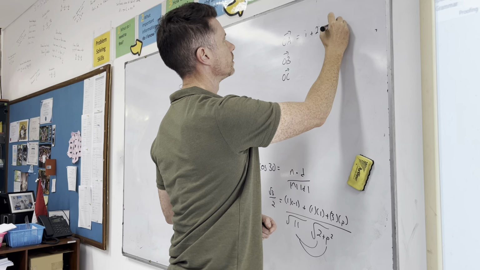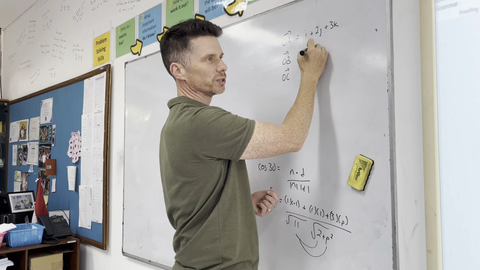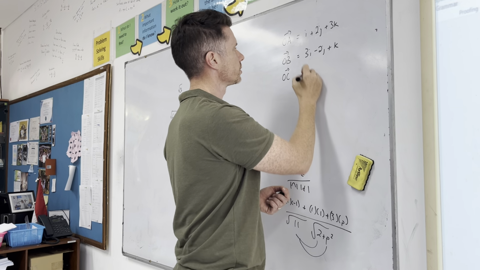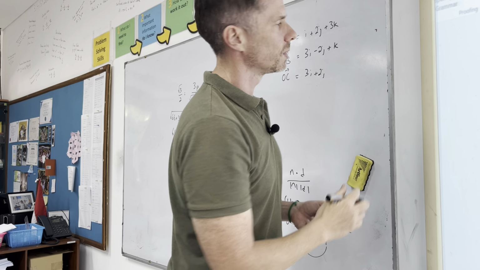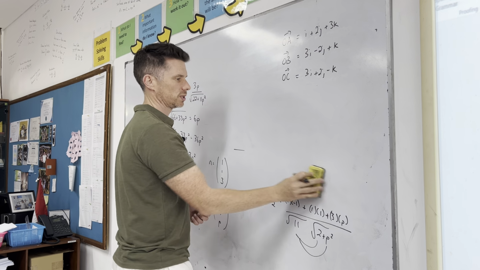Let's take them down correctly. They're all using the same coefficients, the same numbers, minus k. Okay, so there's the 3 starting points.